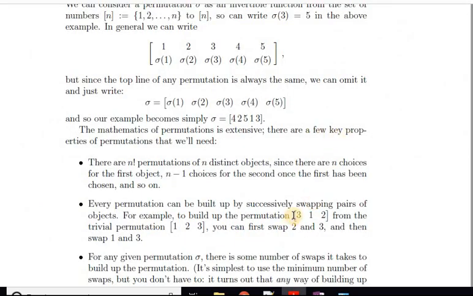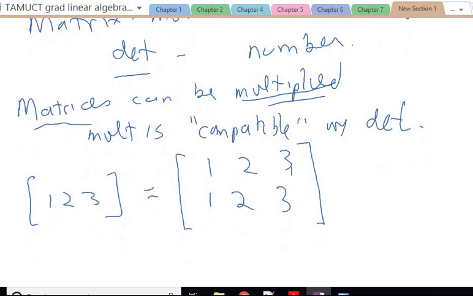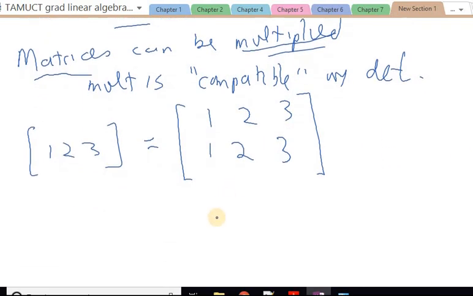Okay. So why does he say that this permutation 3, 1, 2 is built up by swapping 2 and 3 and then swapping 1 and 3? Well, if I swap 2 and 3 first, what would that give me? It would give me 1 goes to 3. If I swap 2 and 3, that's 1, 3, 2. All right. So I'm doing that permutation first.